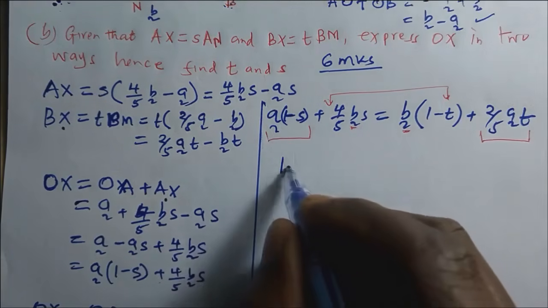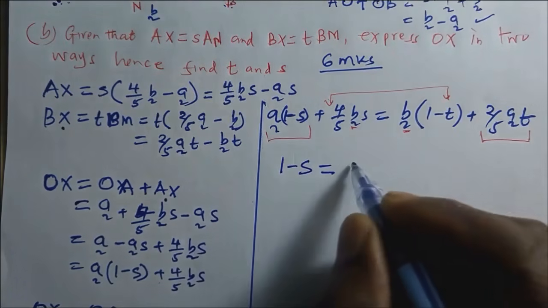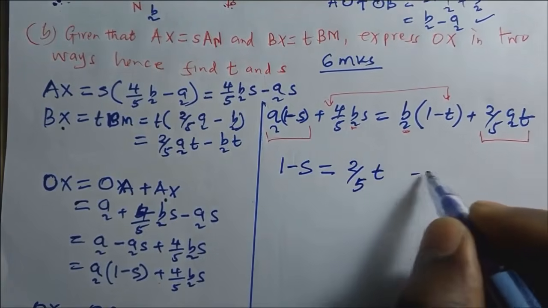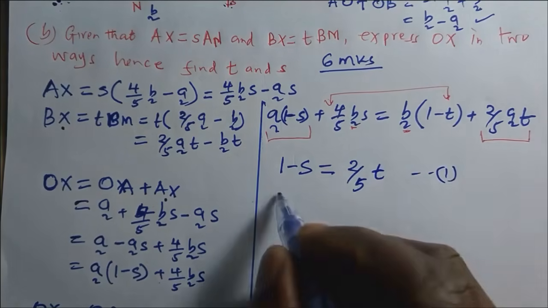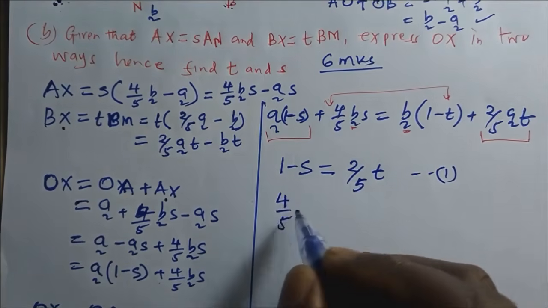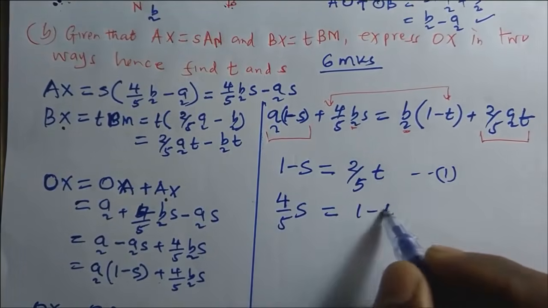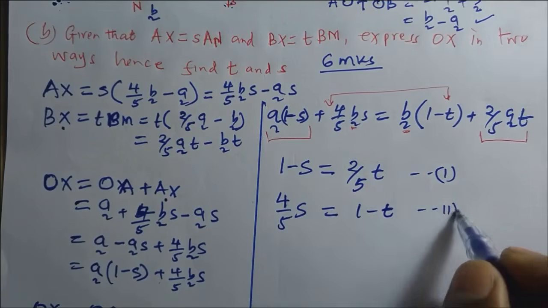So 1 minus S is equal to 2 over 5T. That is our equation 1. And 4 over 5S, you ignore B, is equal to 1 minus T. And that is our equation 2.